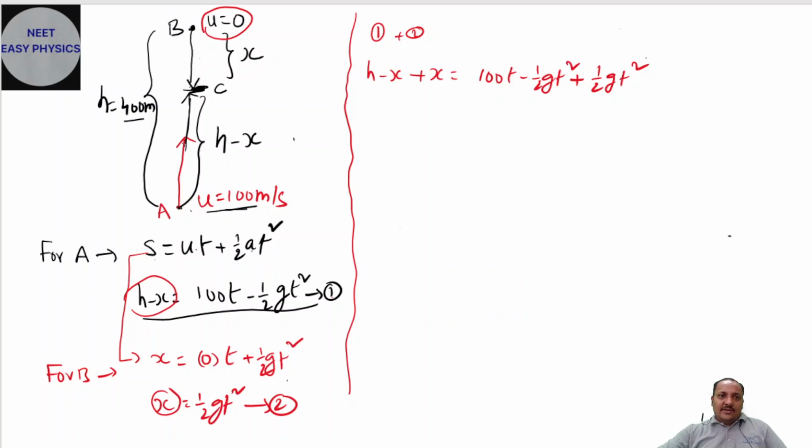According to the equation, these two will be cancelled. H is equal to 100T. Then T is equal to H by 100.